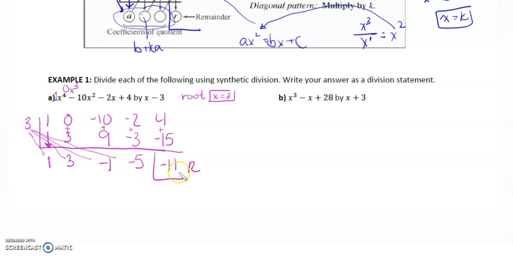When we read this, the last number is the remainder. That means this is the constant, this is the x term, this is the x squared term, and this is the x cubed term. Written as a polynomial, this is x cubed plus 3x squared minus x minus 5.